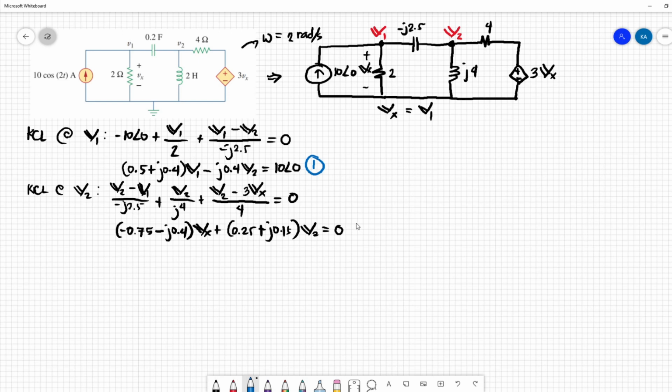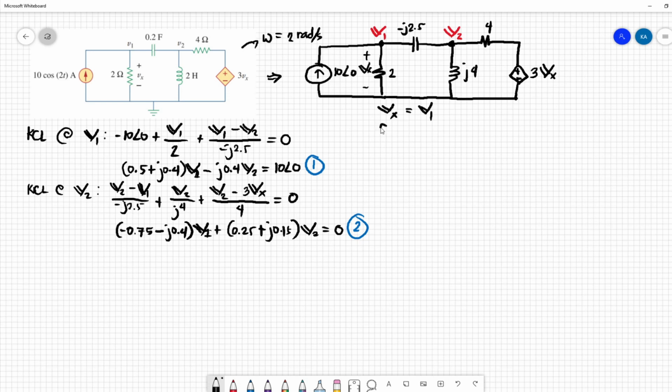So we have our equation number 2. So 2 equations, 2 unknowns. You can now solve for the values V1 and V2. So you can use a substitution or the matrix form.